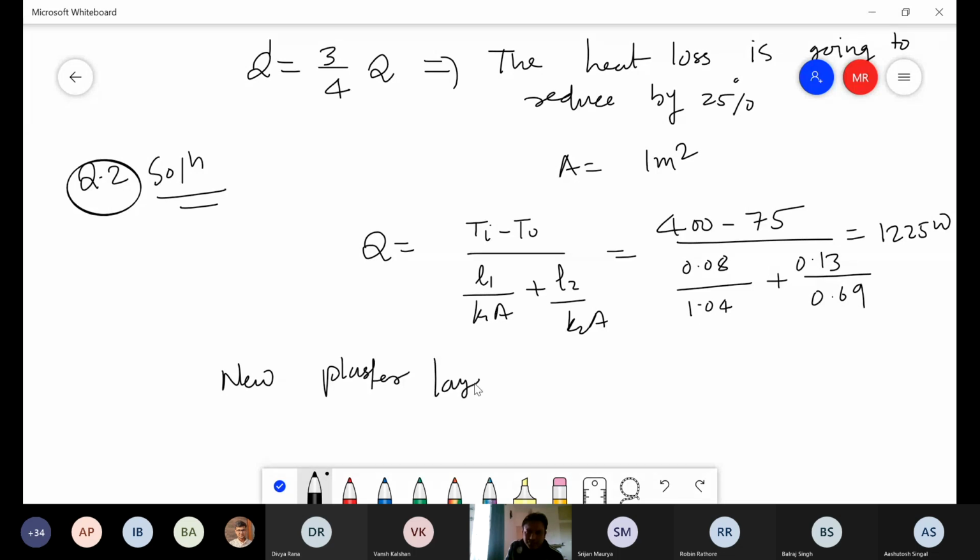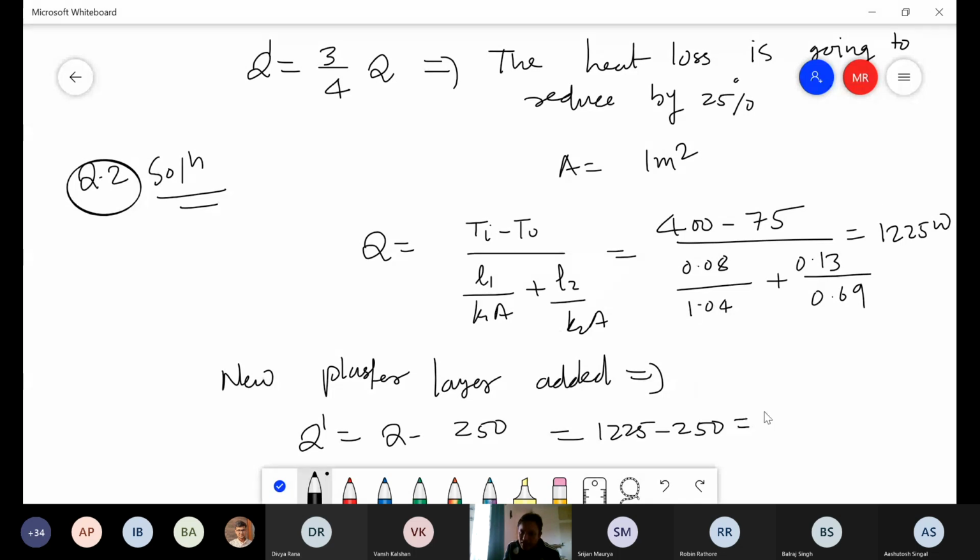And by doing this, Q dash is obtained. So Q dash is nothing but Q minus 250, isn't it? So that becomes 1225 minus 250, so this becomes 975 watt, correct?